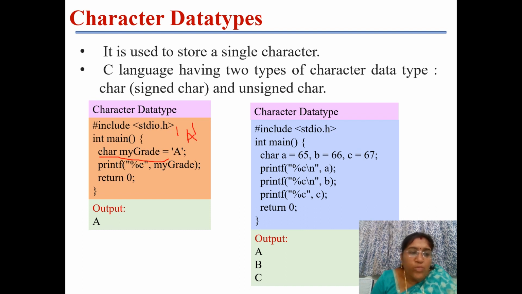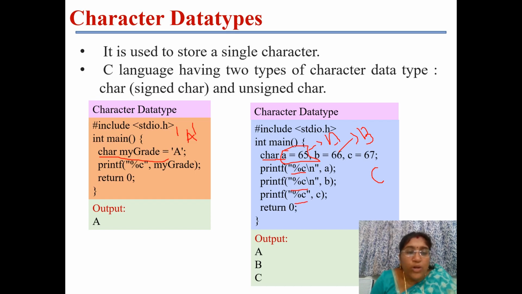So the output of this program is A. For example, character variable a is assigned the value 65, so that's a numerical value which represents A. Then b stores 66, which represents capital B. Then c stores 67, which represents C. For printing characters, the %c format specifier is used in the character data type.